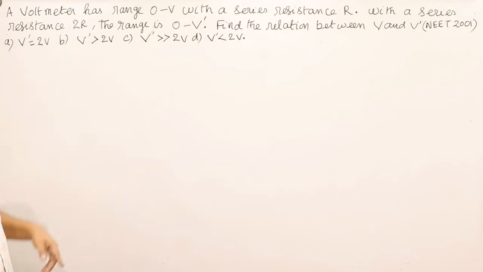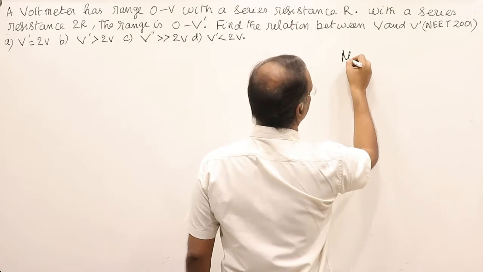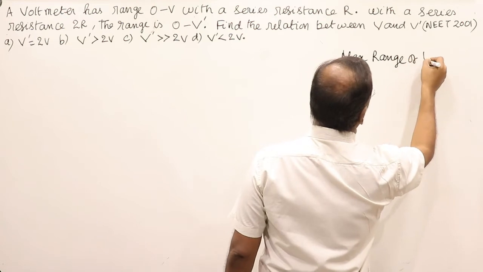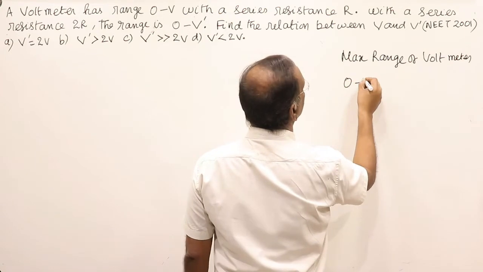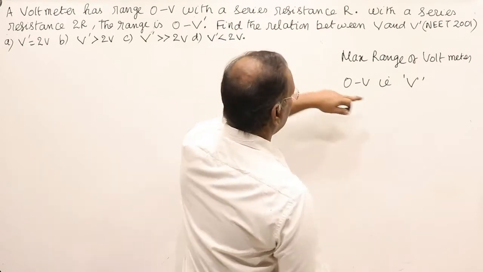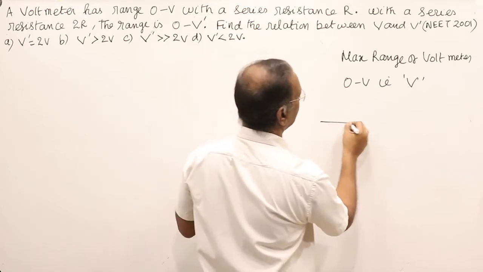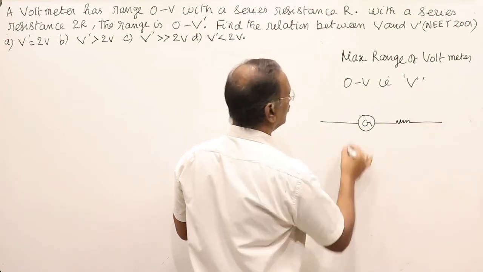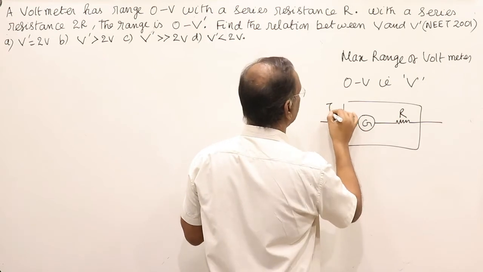A voltmeter has a range of 0 to V volt. That means the maximum range of the voltmeter, 0 to V, is the maximum it can measure, up to V volt, with a series resistance R. So this is the galvanometer with a series resistance, the voltmeter arrangement with R, and Ig is flowing here.